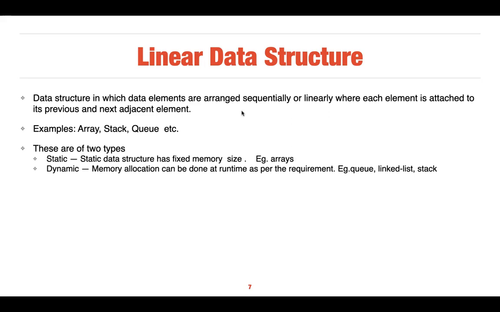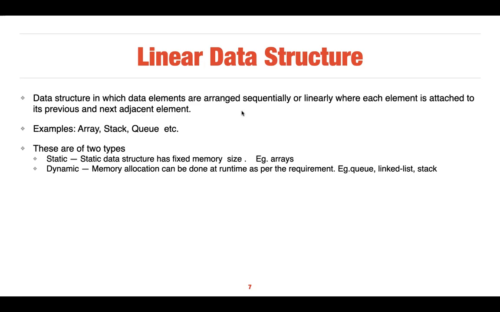In the same way, if we delete the data, it will release that memory so that any other program or variable can use it. Examples of dynamic data structures are queue, linked list, stack. Obviously we can say that static data structures are not good for memory optimization, but dynamic ones are very good for memory allocation purposes.